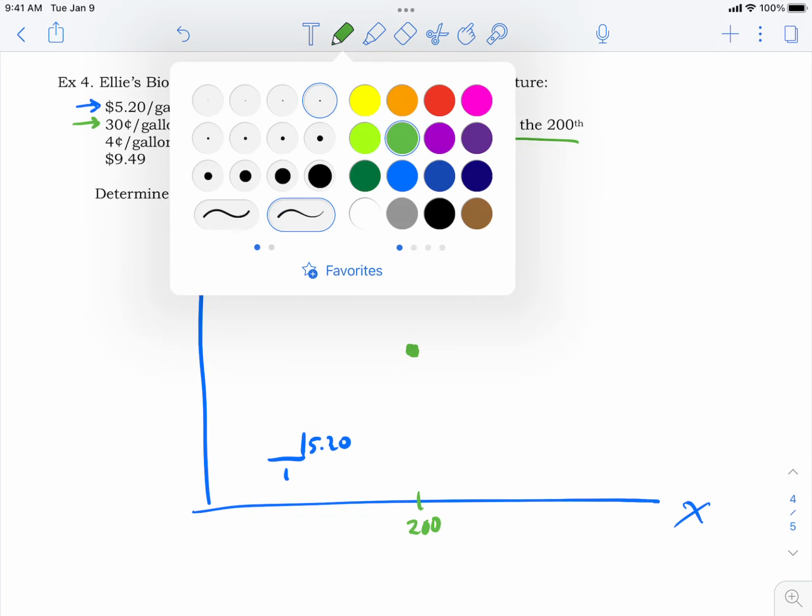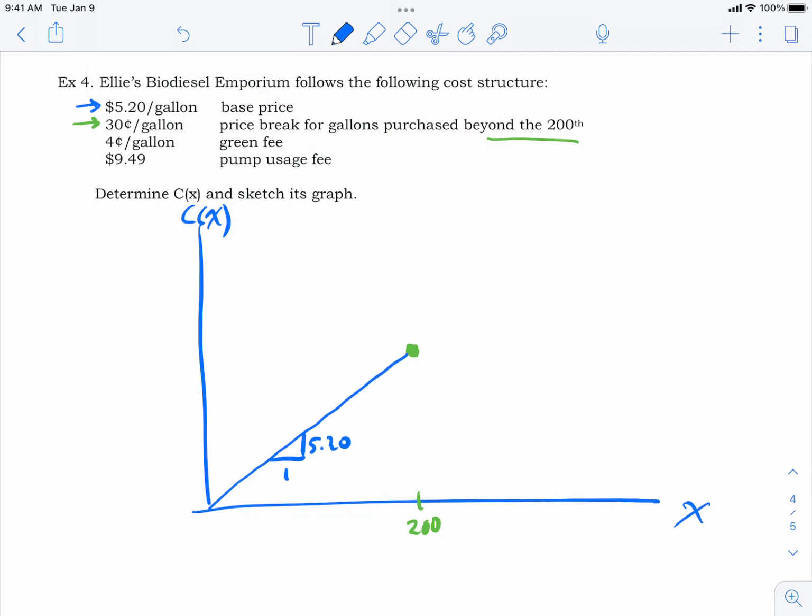You only stay on that line until you get to there. After that, it's cheaper. 30 cents a gallon cheaper. So it's not as big of a slope there. So the line kind of bends over like this. Out here, your slope is only, you buy a gallon, pay, let's see, $5.20 minus 30 cents. You're going to pay $4.90 a gallon. So that's the slope out there.